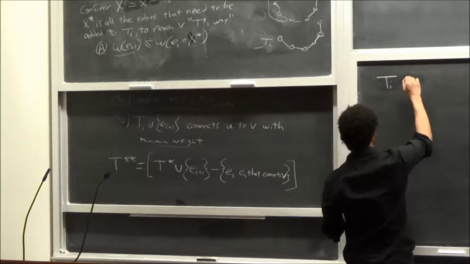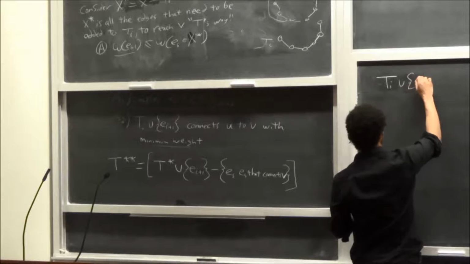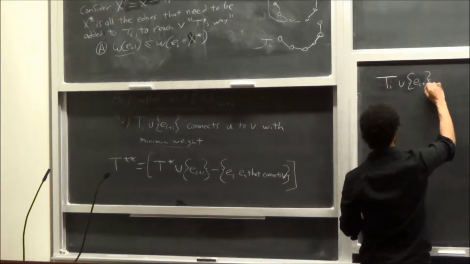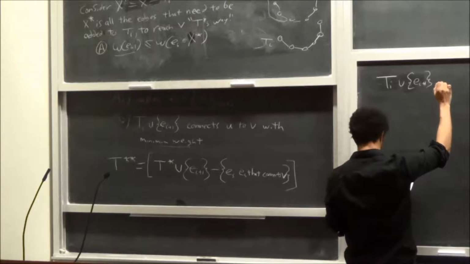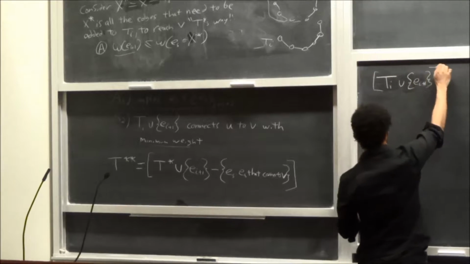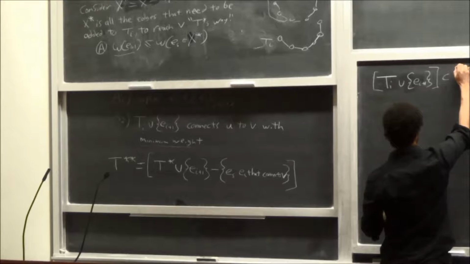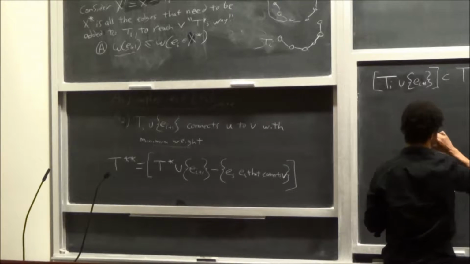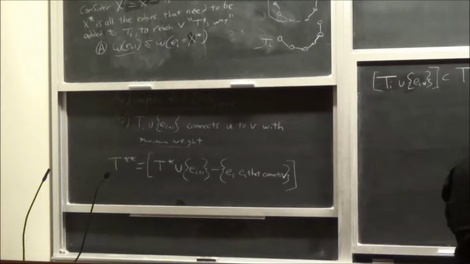Okay. So if we take Ti and we consider this new element that we've added, i plus 1, it turns out that we can trivially say that this is a subset of our T star star. In fact, we've set up T star star's definition to be that way.